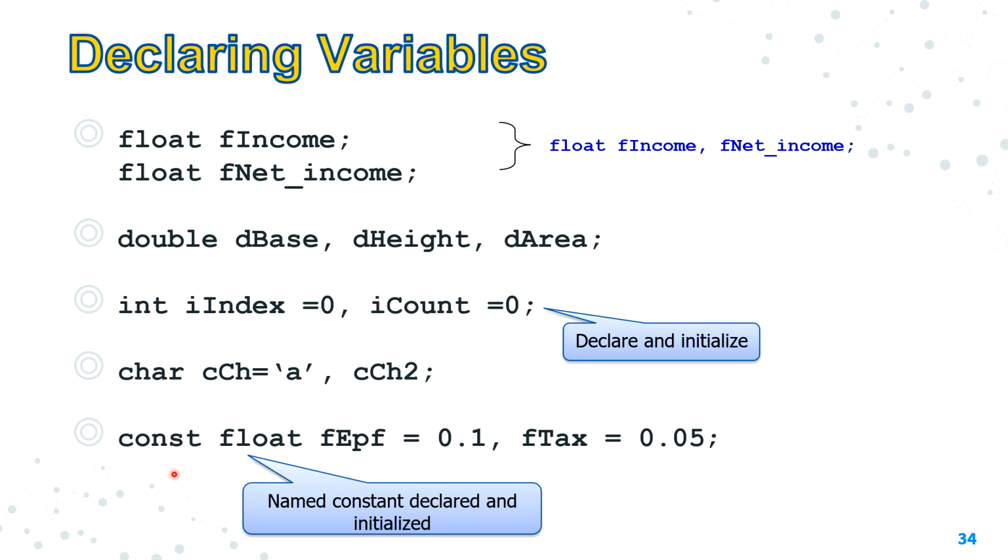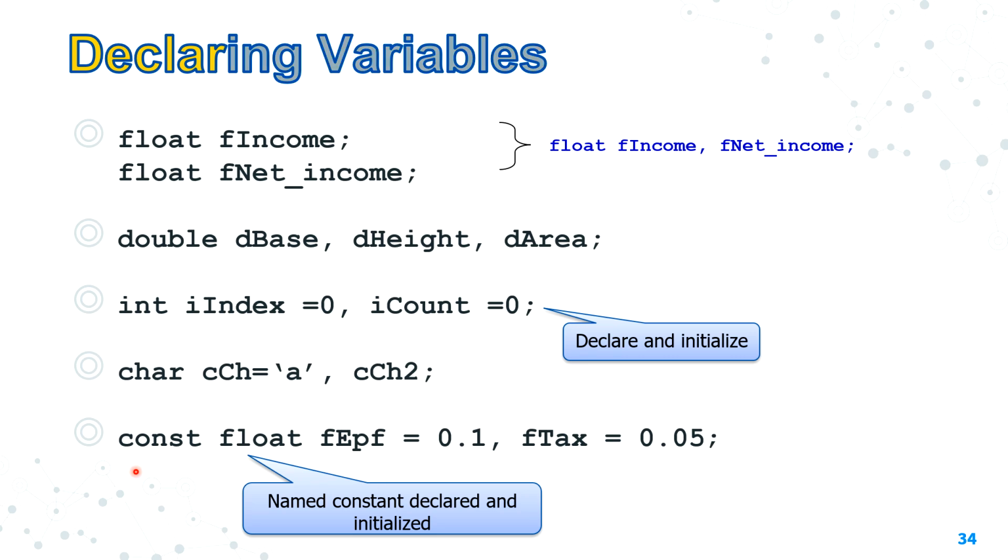And the last line, we have const float f_EPF = 0.1 and f_tax = 0.05. This declares two constant float variables. const means their values cannot be changed once assigned. f_EPF is set to 0.1 and f_tax to 0.05.